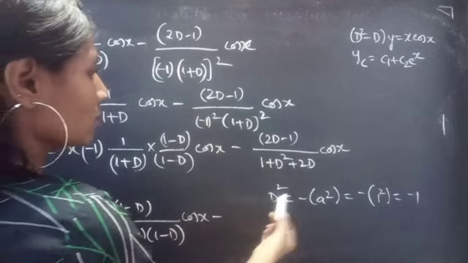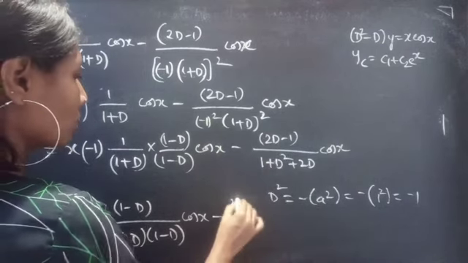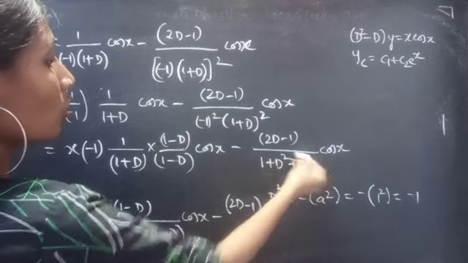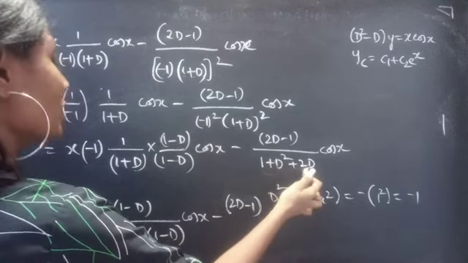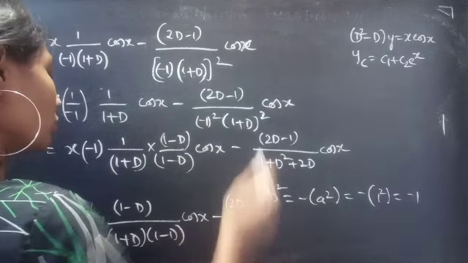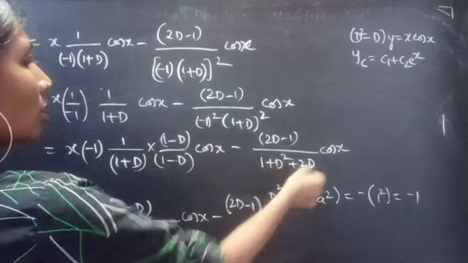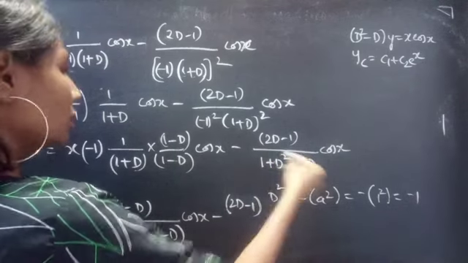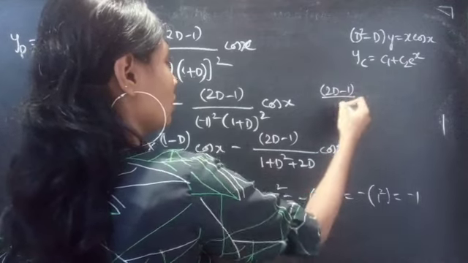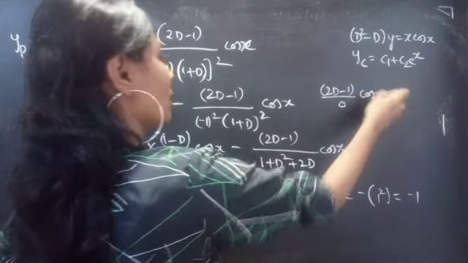here d square appears in the denominator, so let's replace d square by minus 1. We'll get, obviously by replacing d square by minus 1, the denominator will be non-zero because we are having plus 2d here, right? Only 1 and minus 1 get cancelled and we'll get a non-zero term. If the denominator becomes 0, we'll get 2d by 0 into cos x, okay?